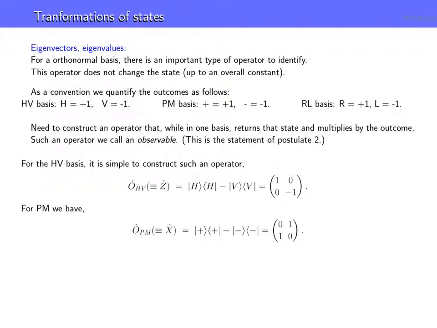Lastly, for the RL basis, we're going to call that the Y, so it's X, Y, and Z. There's a reason for that because of the spin. We just say R, and we subtract L and L, because those are the eigenvalues that we're going to come back to. I'll introduce the terminology in a moment. If you construct that, it's not hard to see, just go back to those row and column vectors, that it's 0, minus i, i, 0.